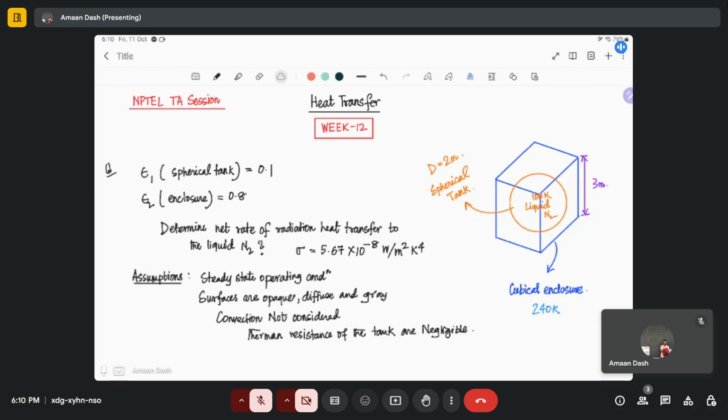And we have thermal resistance of the tank negligible. So these are all the assumptions. You can give it a try on how to solve this question, and then we can move on to discuss the solution.